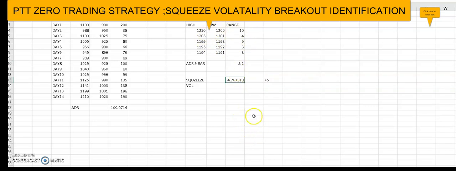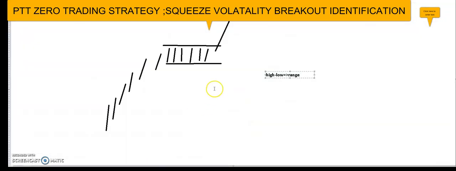Now let us say this is the ADR. What you have to do is take the ADR of the last 5 bars, of 5-minute or 15-minute bars. Only 5 bars.